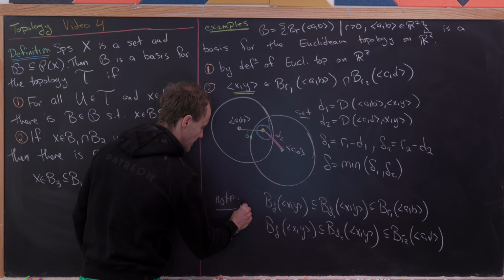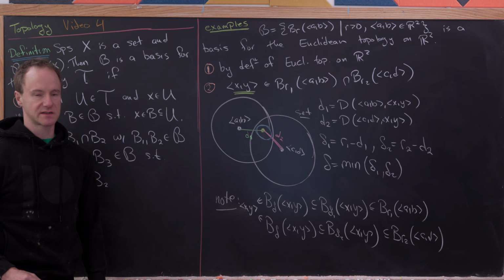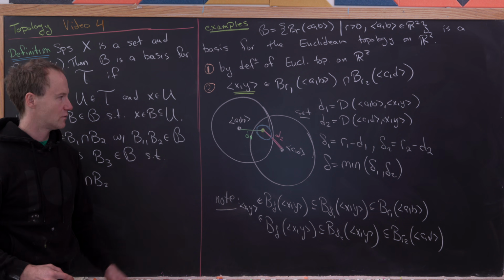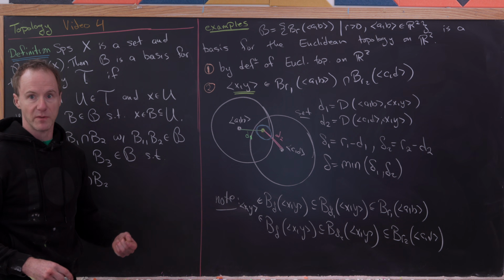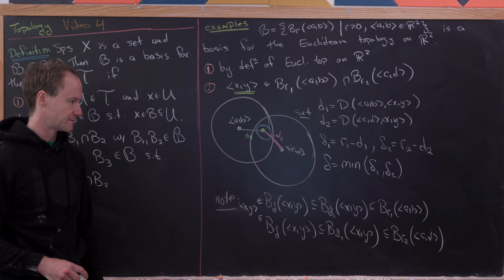And then furthermore, we know that xy is an element of both of these. Well, those two are the same set. It's the center of those, and the center is always going to be an element of an open ball with a non-zero radius.